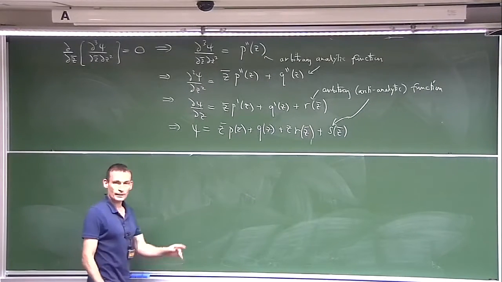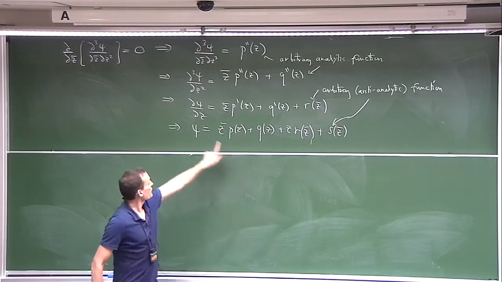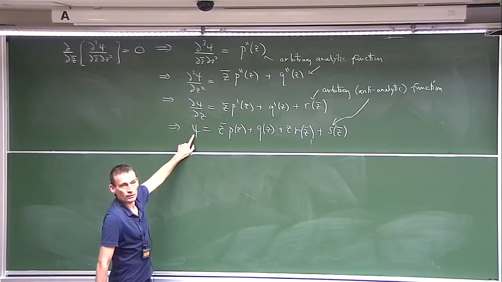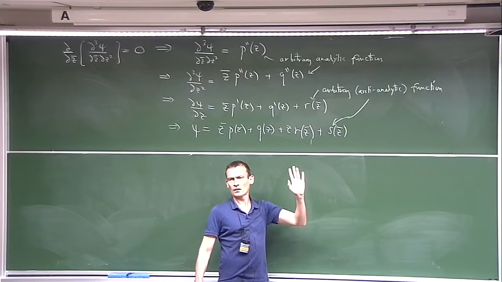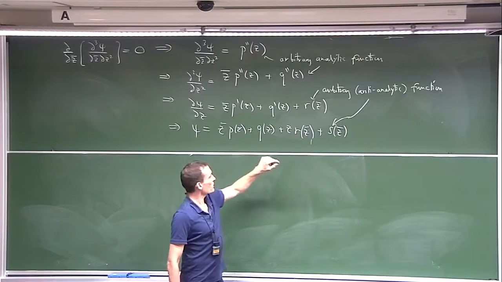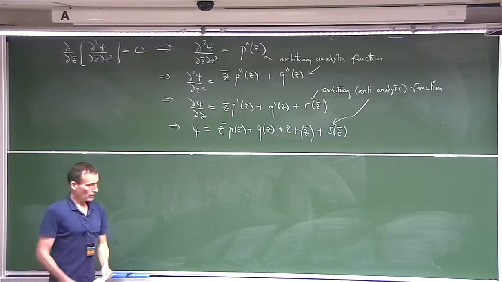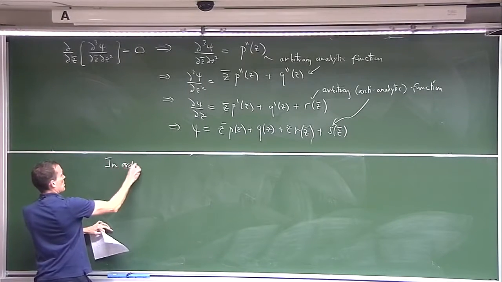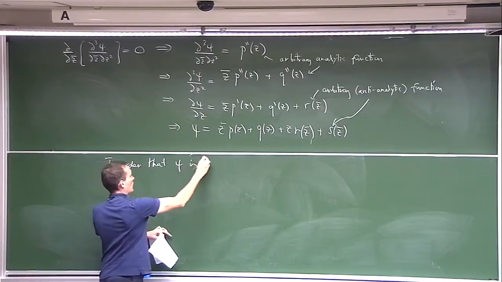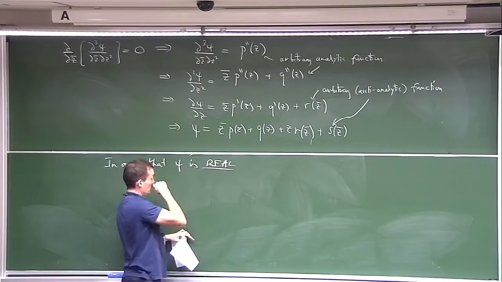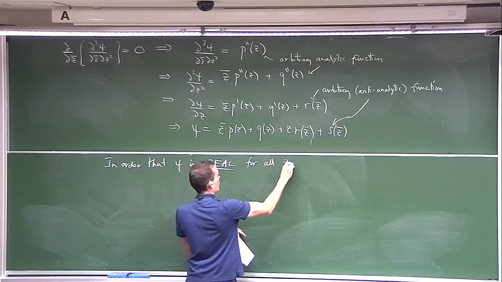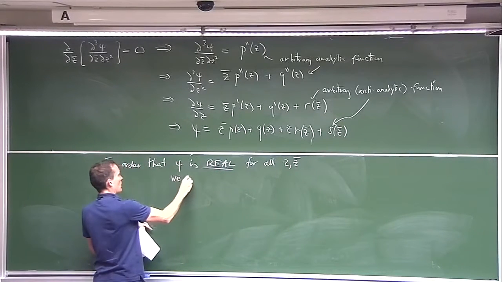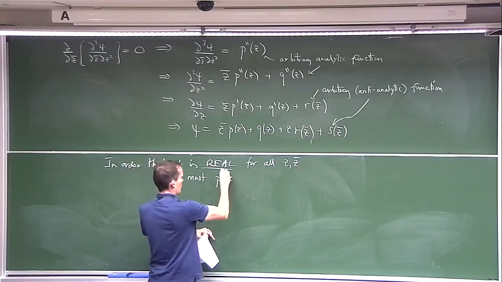But, just like Tuesday, I need this to be real for all z and z bar. So it looks like I've got 2 analytic and 2 anti-analytic functions here. But in fact, R and S have to be related to P and Q. So, real for all z and z bar, we must pick the following.